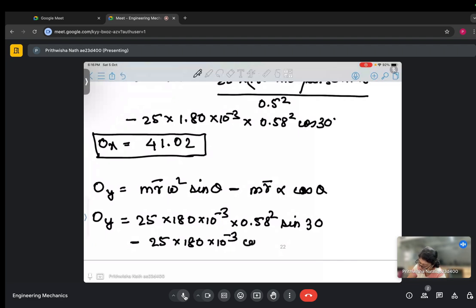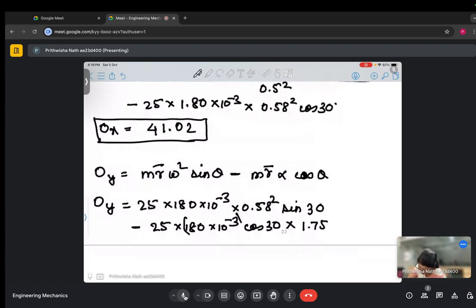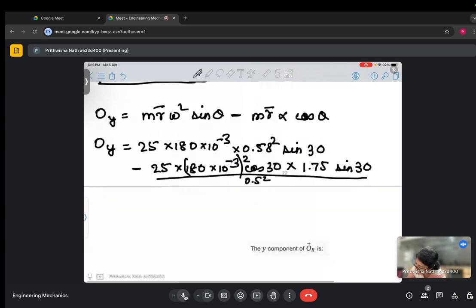First I'll write the cos term, and alpha is nothing but A, which is given as 1.75, R, so I'll do a square sine 30 divided by k naught square. K naught is 0.5. So yeah, now this is OY.